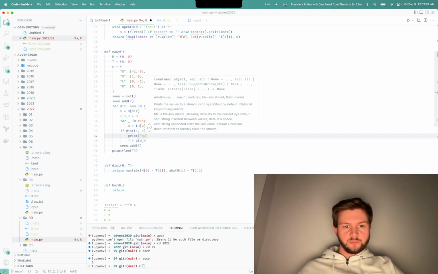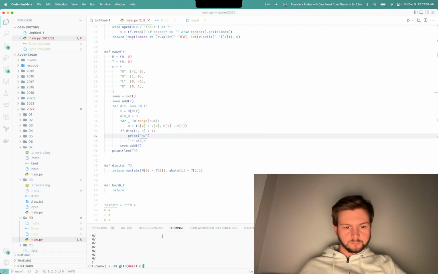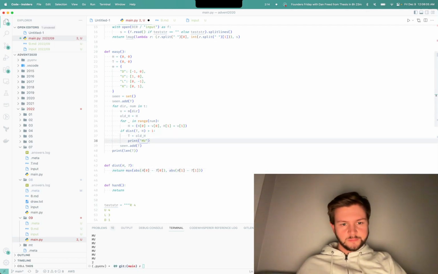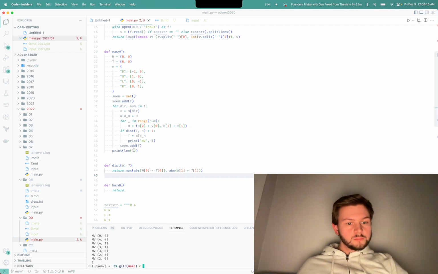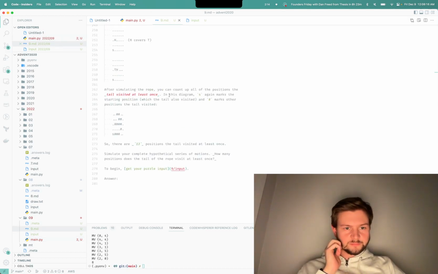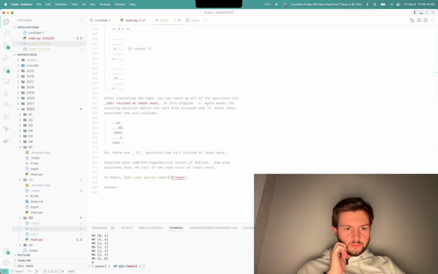How many times are we moving? A lot of times. Why is the length seen, not T? And 8, is that correct? Nope, 13.